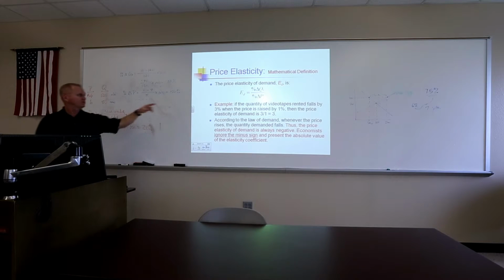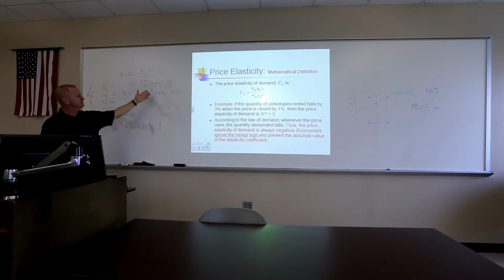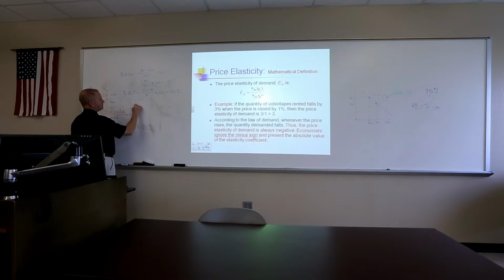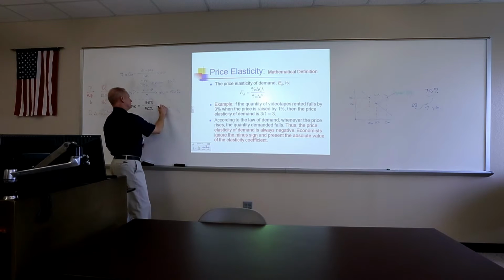So in the example, if the quantity of videotapes rented falls by 3% when the price is raised by 1%, then the price elasticity of demand is 3 divided by 1, or 3. So if I were to plug this into the formula, we would have the elasticity coefficient: percentage change in quantity demanded, which was 33%, divided by the 50%, and that is 0.66666, something like that.